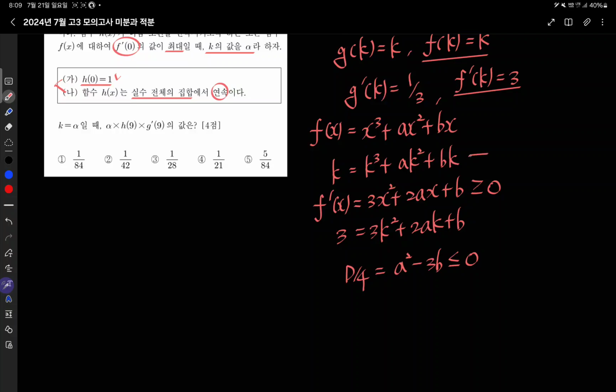Because k is greater than 0, we can divide this equation by k. And then let's multiply 2 to both sides.